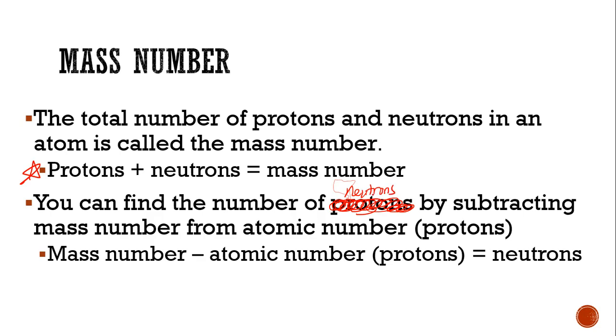This is supposed to say neutrons, so make sure your note says neutrons there. And you do this by subtracting your atomic number, or your number of protons, from your mass number. So again, mass number minus your atomic number will actually give you your neutrons. Again, make sure that you change that in your notes. And this is going to be the fourth thing that I have starred.